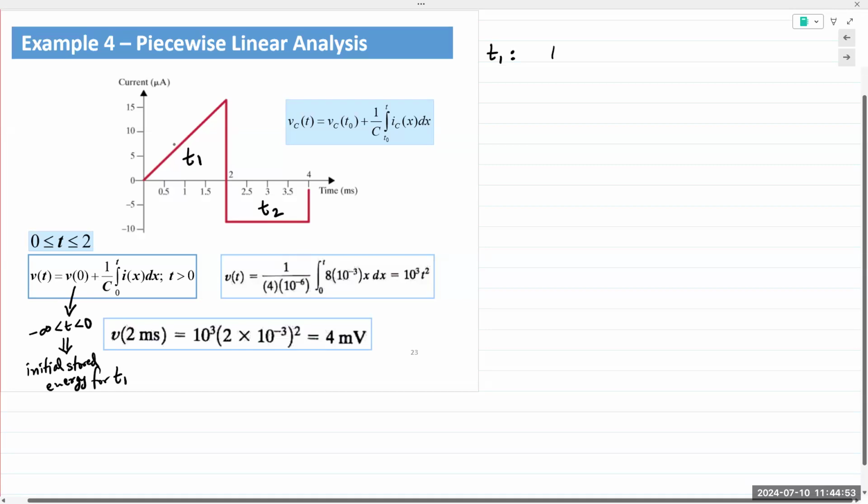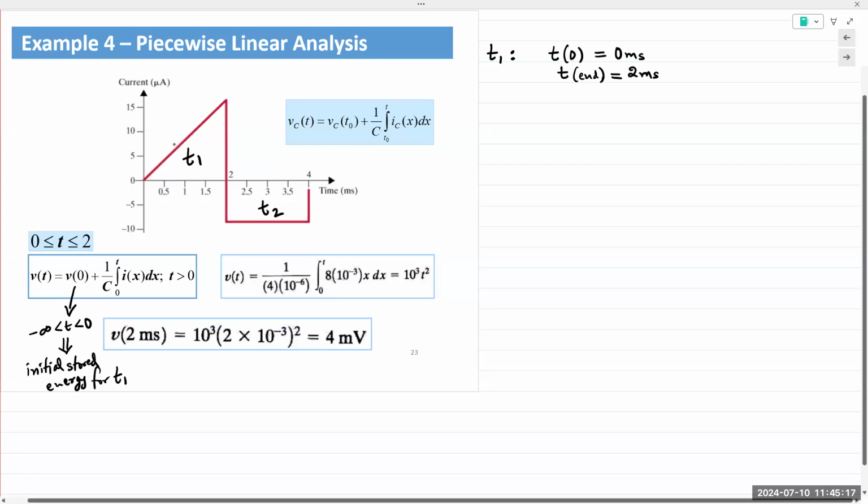For T1, the beginning of analysis, meaning time T0, is 0 milliseconds. What is the end point for T1? It is 2 milliseconds.